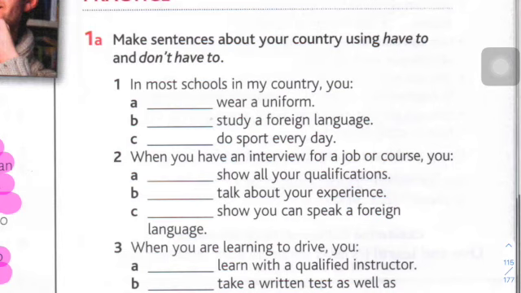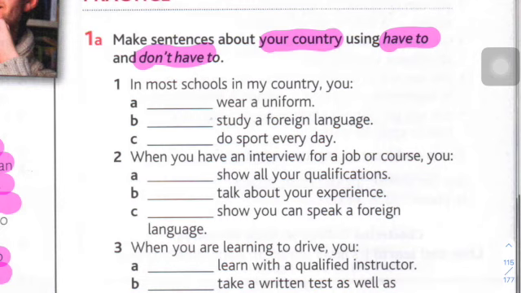Okay, now let's move to the exercises. Practice. Make sentences about your country. We're going to think about Colombia, using have to and don't have to. So we're going to complete these sentences using have to or don't have to and thinking about Colombia.